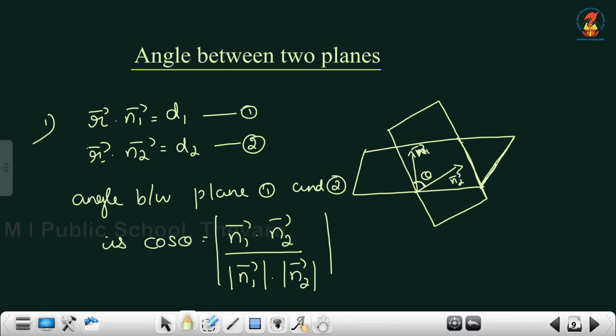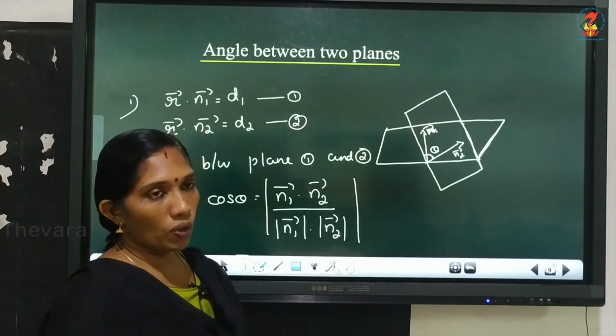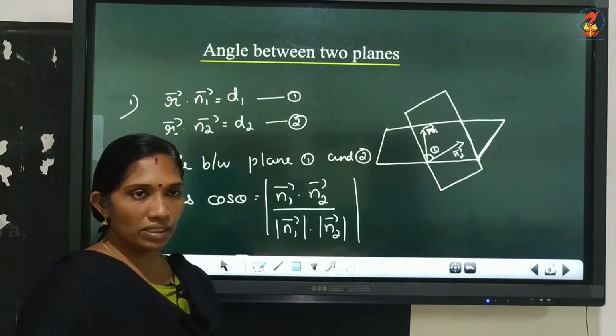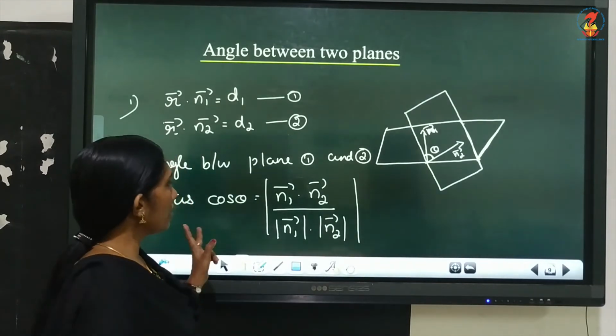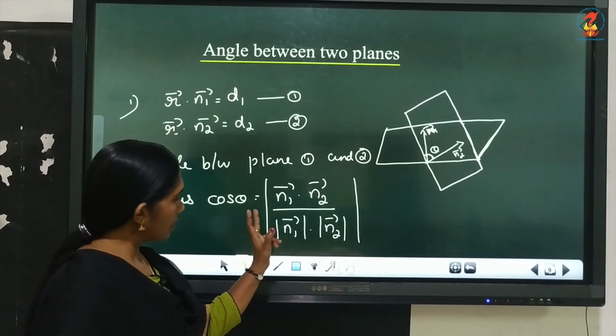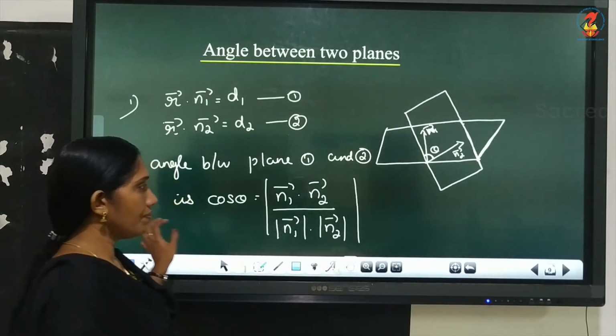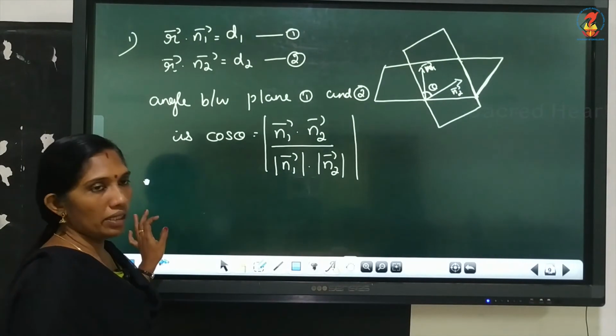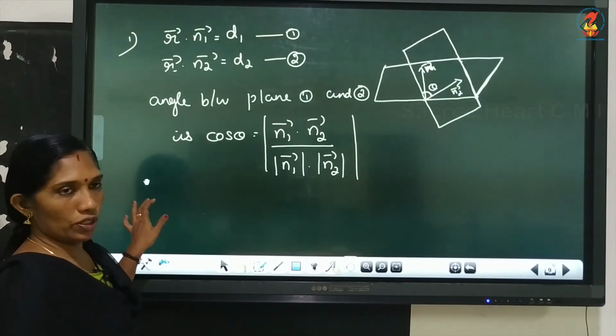Okay, take the modulus value. This is the angle between two planes. That means angle between the normals. Normal means two vectors. So we can find the angle between two vectors. Take the dot product, n1 dot n2 by mod n1 dot mod n2.